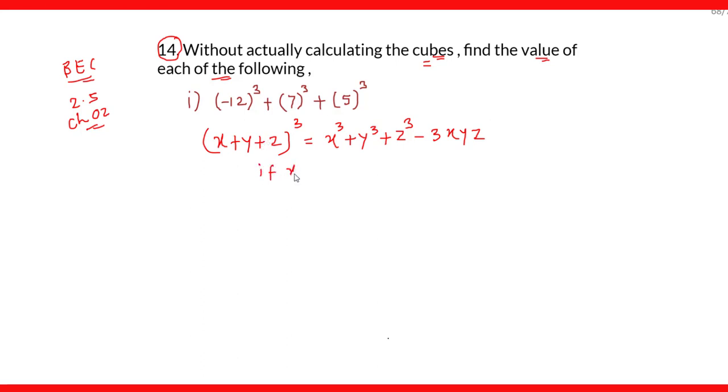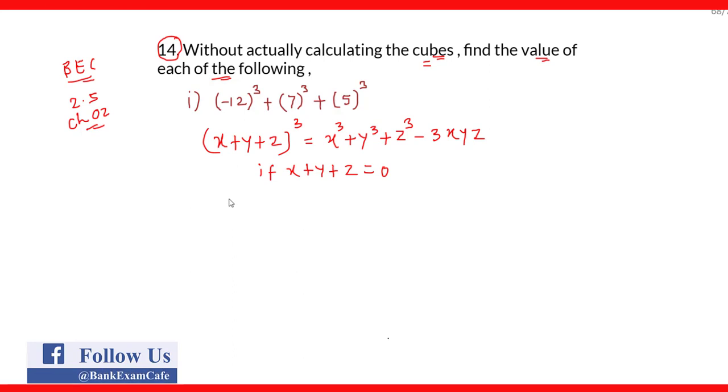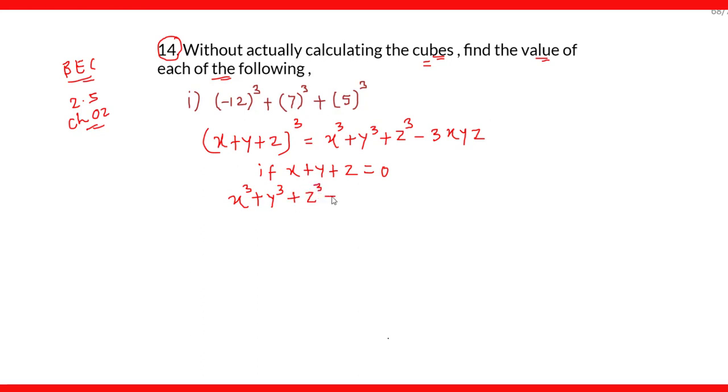So if x plus y plus z is equal to 0, then this part will be 0, then what you will get? x cube plus y cube plus z cube minus 3xyz is equal to 0.